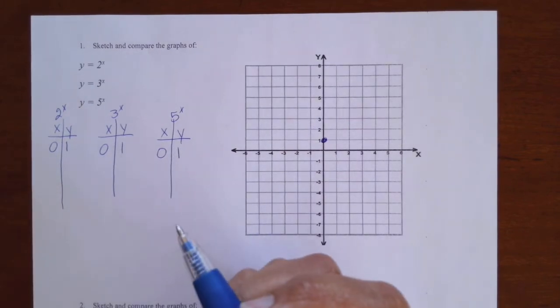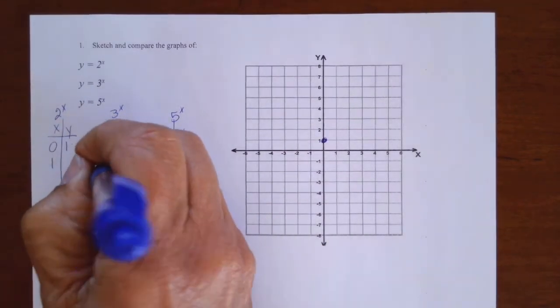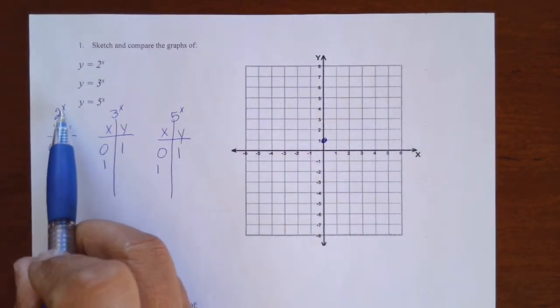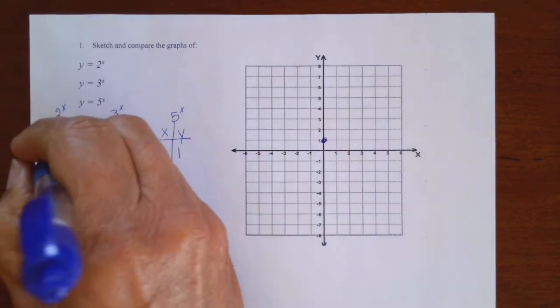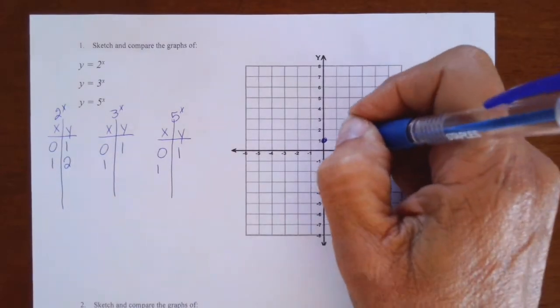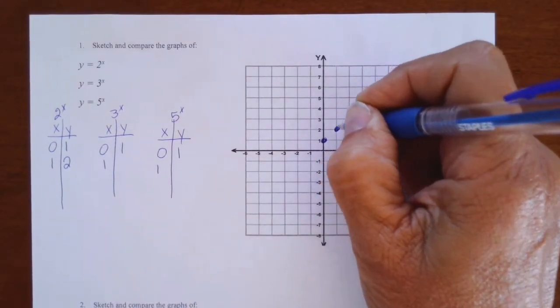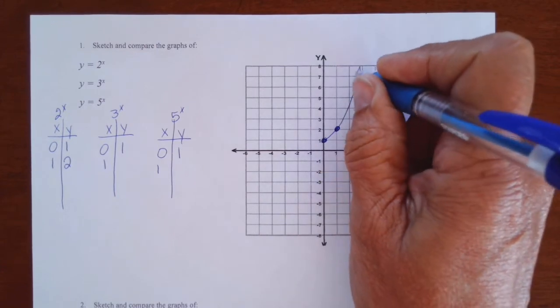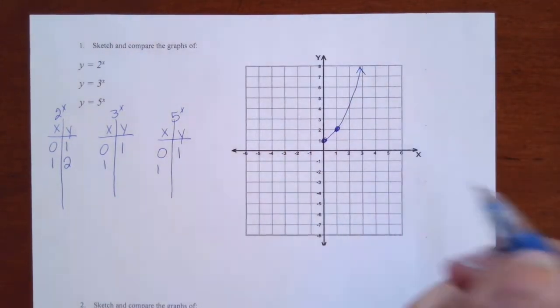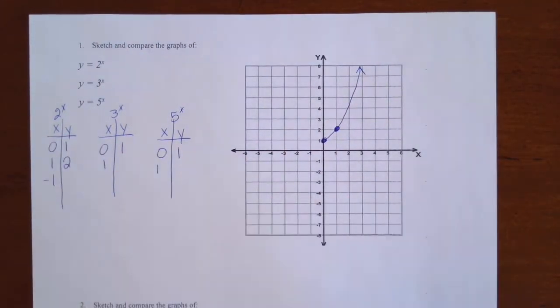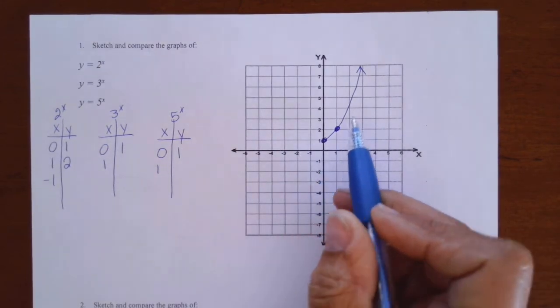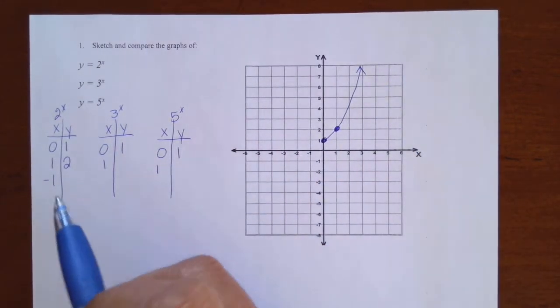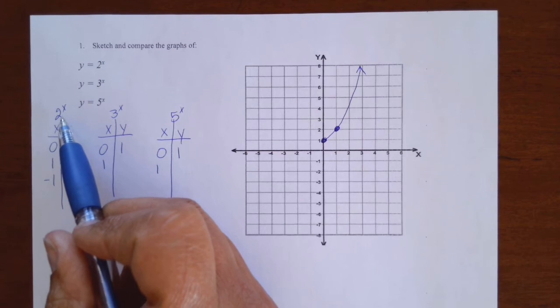Now, let's look at another value that's easy, 1. Okay, if I let x be 1 in 2 to the x, 2 to the first power is 2. So that point (1, 2) is on the graph of 2 to the x. So I'm going to just sketch 2 to the x this way. And let's talk about negative 1 real quick. So if I come this way, I know what the shape of the graph looks like, but what happens when I put negative 1 in here?